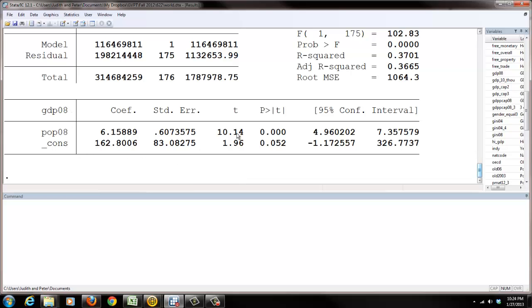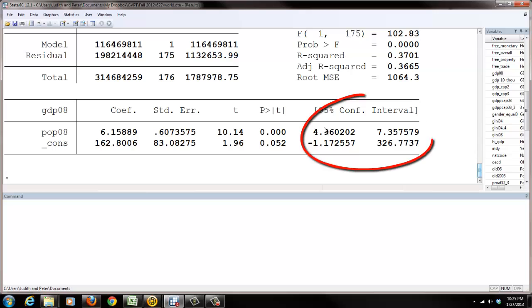The probability that we would observe this effect if there was no effect of population on GDP in the real world is actually less than 0.1%. While we're dealing with very small probabilities here, note that the p-value is never perfectly zero. These are probabilistic, on average statements. So we would not say that the p-value is 0. We would say that it is less than 0.001, which is what this tells us.